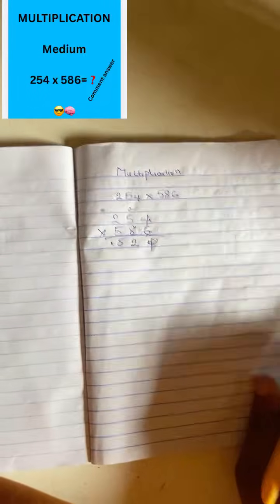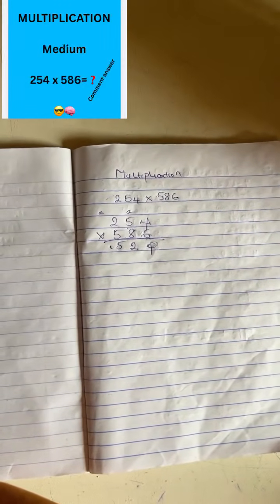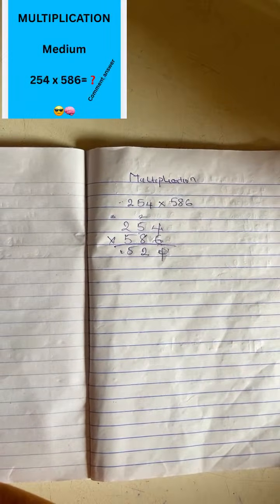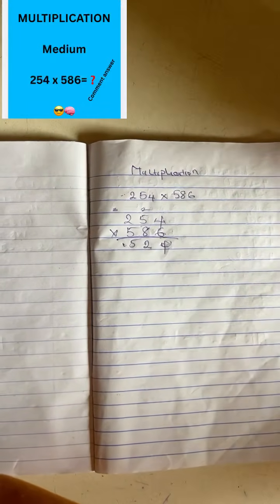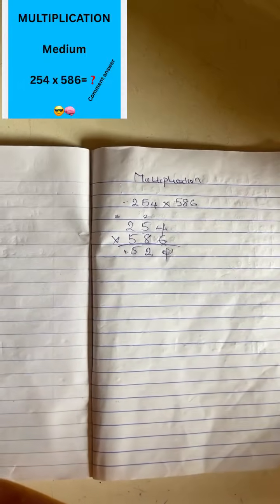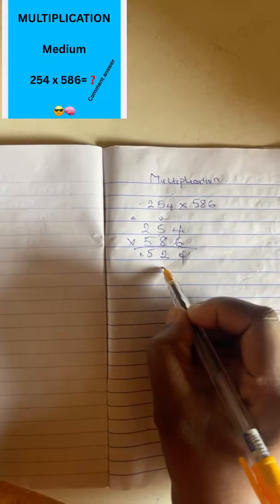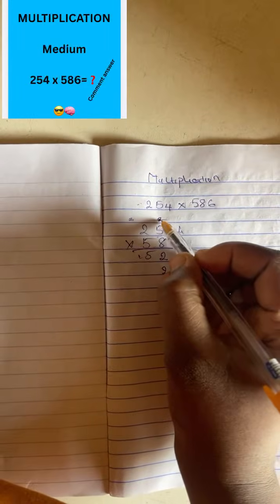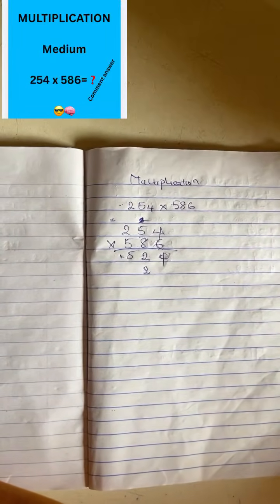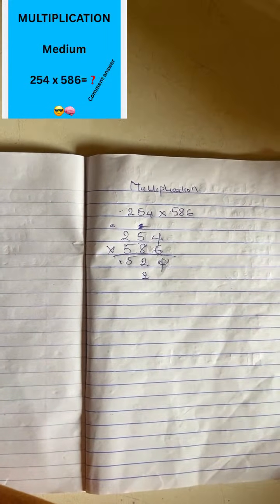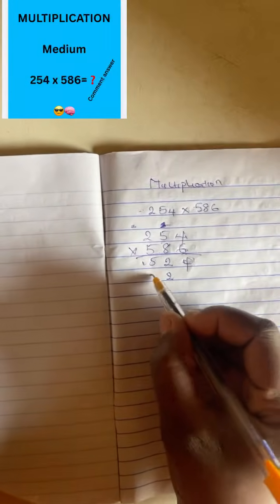8 times 4 is what? 32. You write 2. Carry 3. 8 times 5 is what? 40, plus 3, 43.